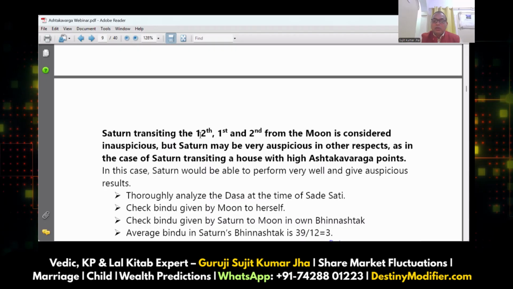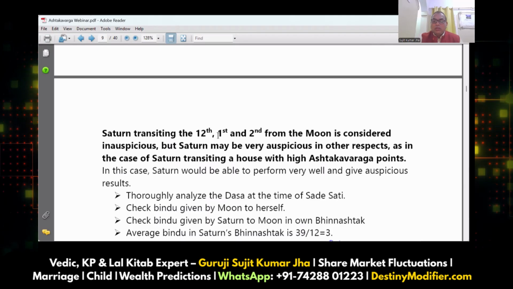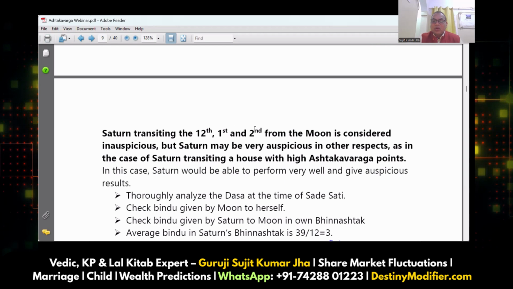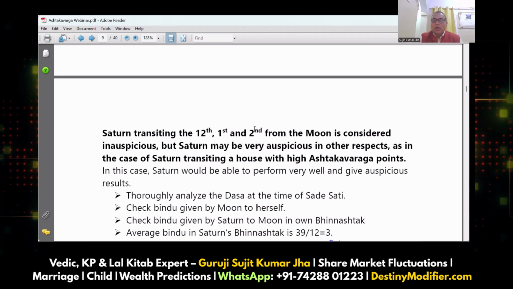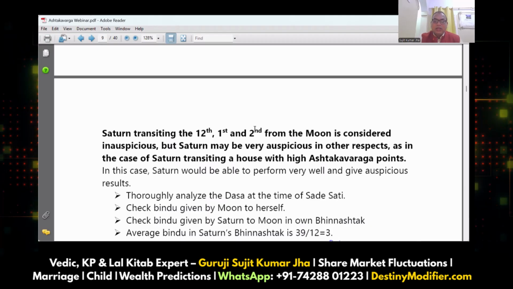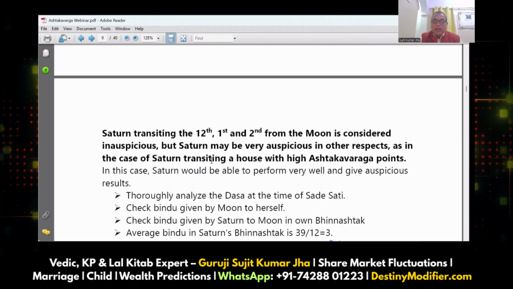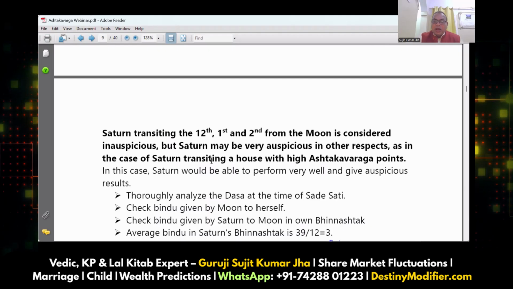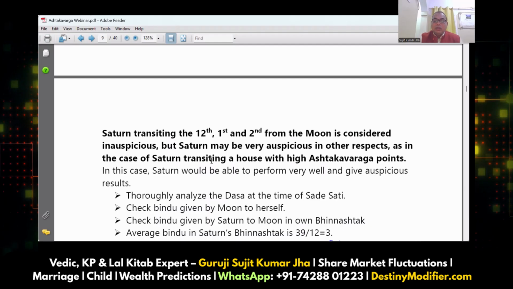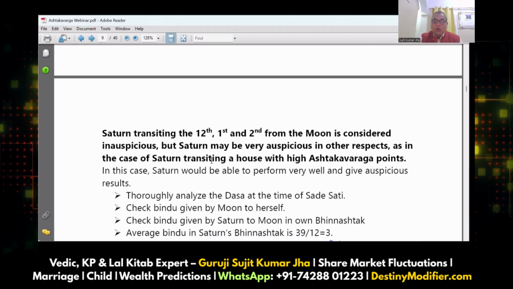Then the first phase is when Saturn transits on the Moon. This is the second phase. Then the third phase is when Saturn transits the second house from the Moon. That period is Sade Sati, which is considered inauspicious. But suppose Saturn in Ashtakavarga has given more than 5 points where it is transiting, then Sade Sati will be good for that person.